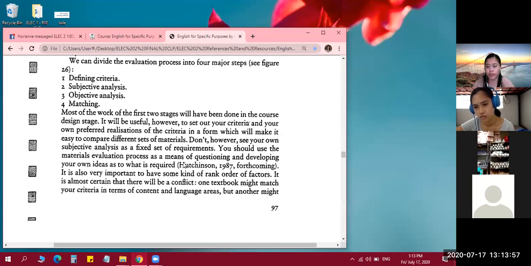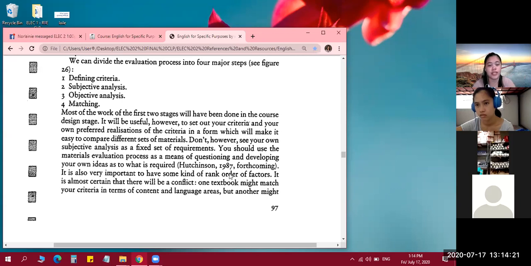And then over time, we're going to change. So what's most important here is that you should know how to compare your ideal materials to what is actually feasible, appropriate, and more comprehensive to your students.